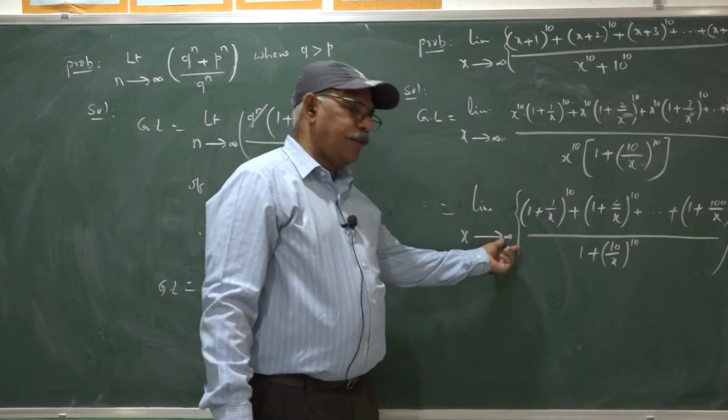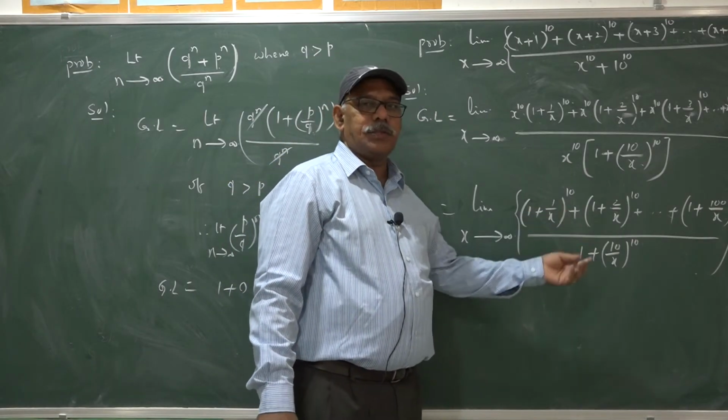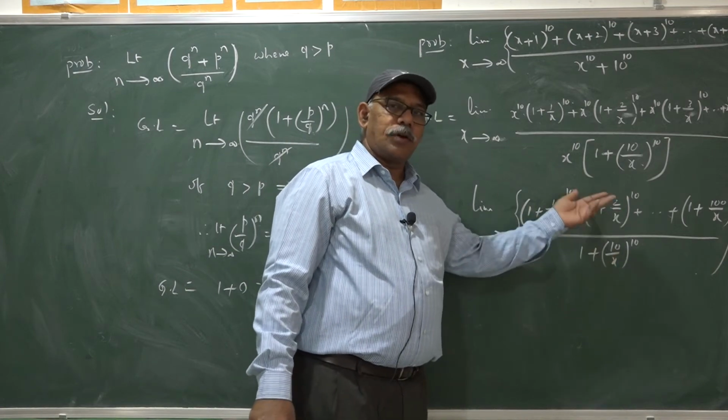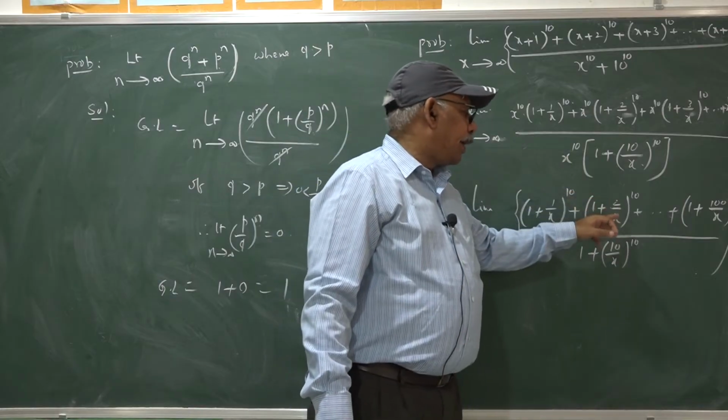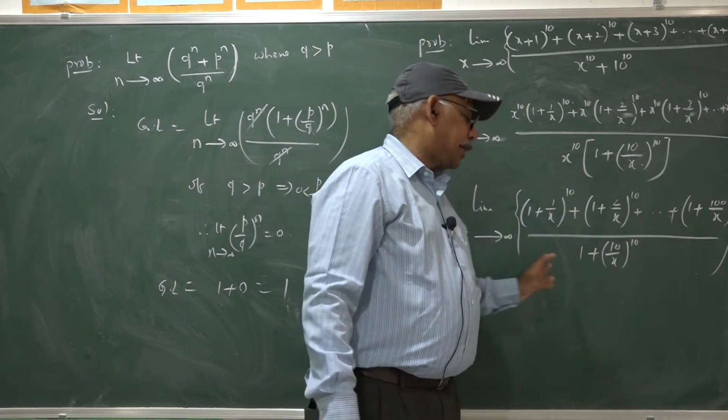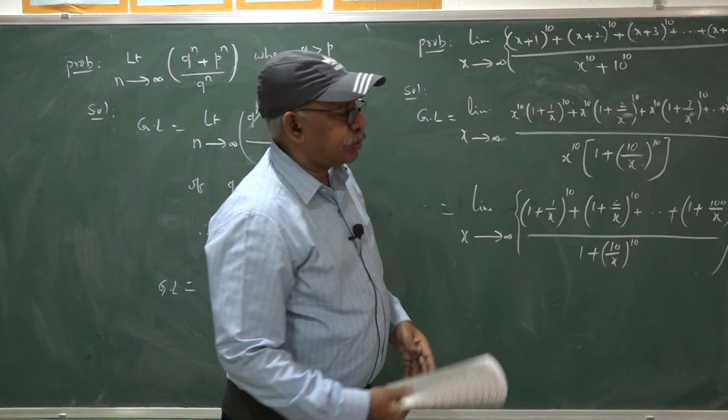As x goes to infinity, 1 by x is clearly 0, 2 by x is 0. Whatever may be the numerator, a fixed constant, 2 by x or 3 by x or 4 by x, as x goes to infinity, these all become zeros.